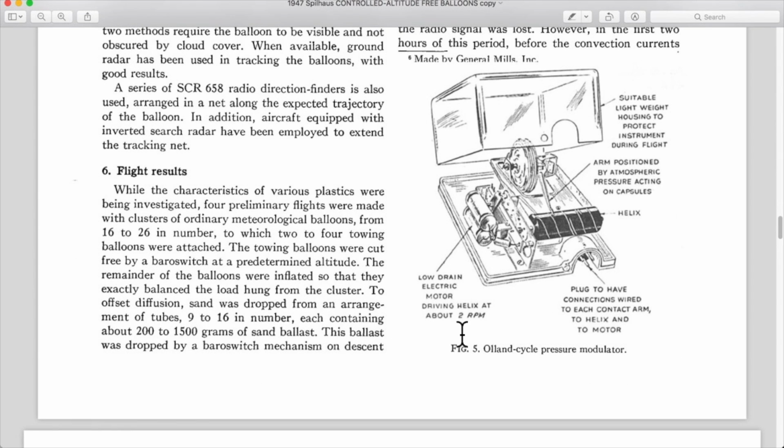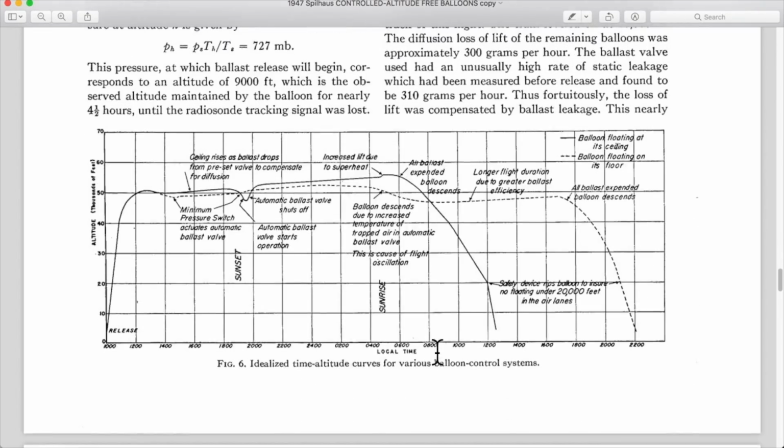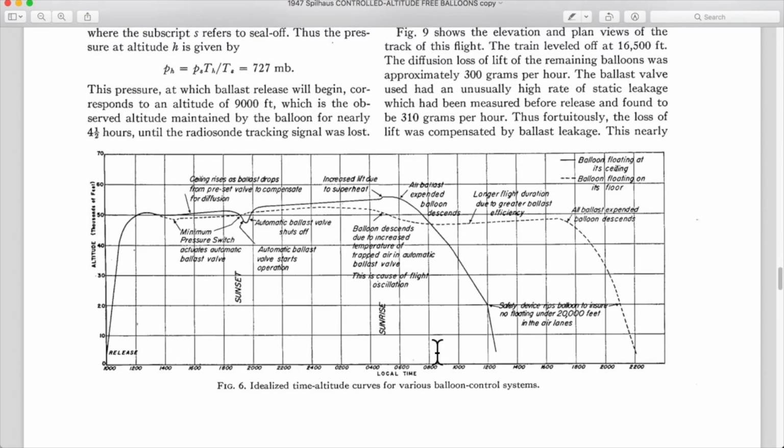Looks like an electrical apparatus. A chart. This is a nicely drawn one too. A lot of these old science papers have been photocopied several times, and the graphs and charts are almost illegible.